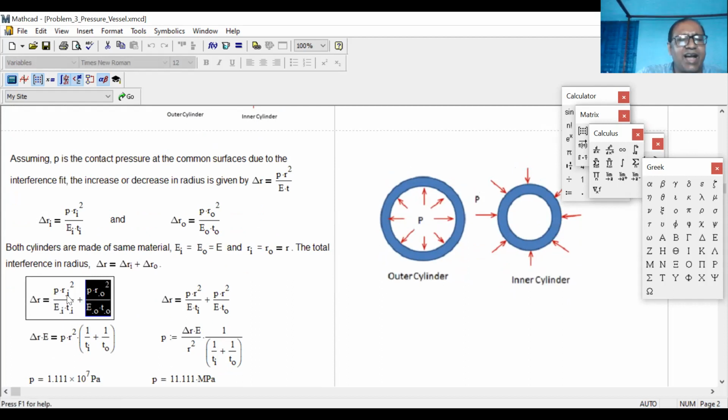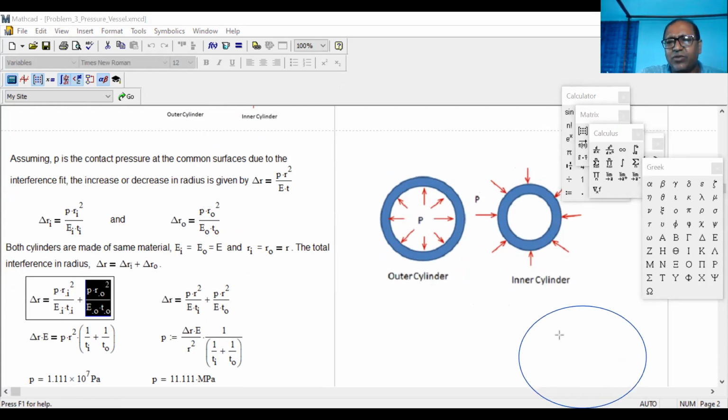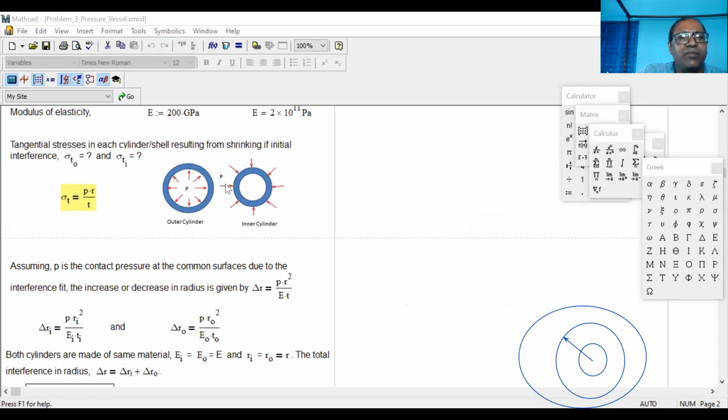Now this Ri: both cylinders have the same common radius after assembly. If I draw the circle, say this is the outer cylinder, this is the inner cylinder. This thickness, this is the common radius R, and that common radius is given here as 100 millimeter.